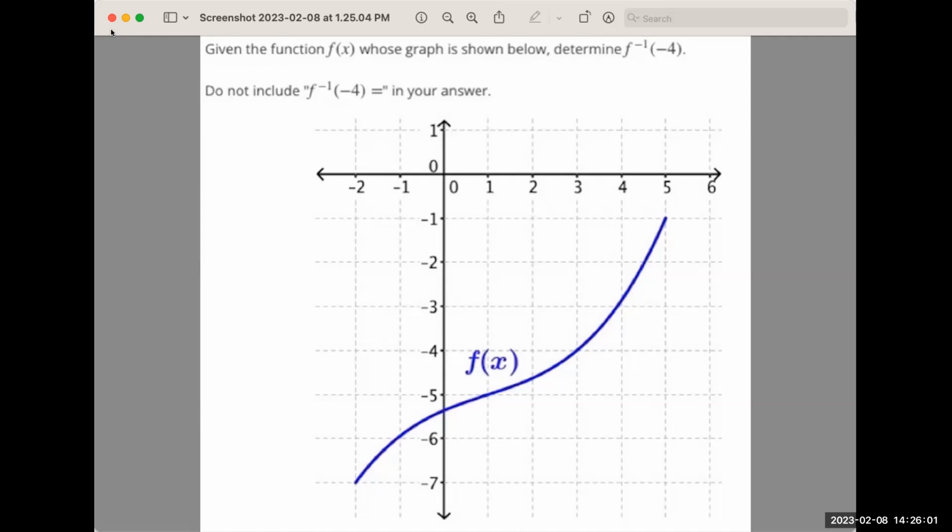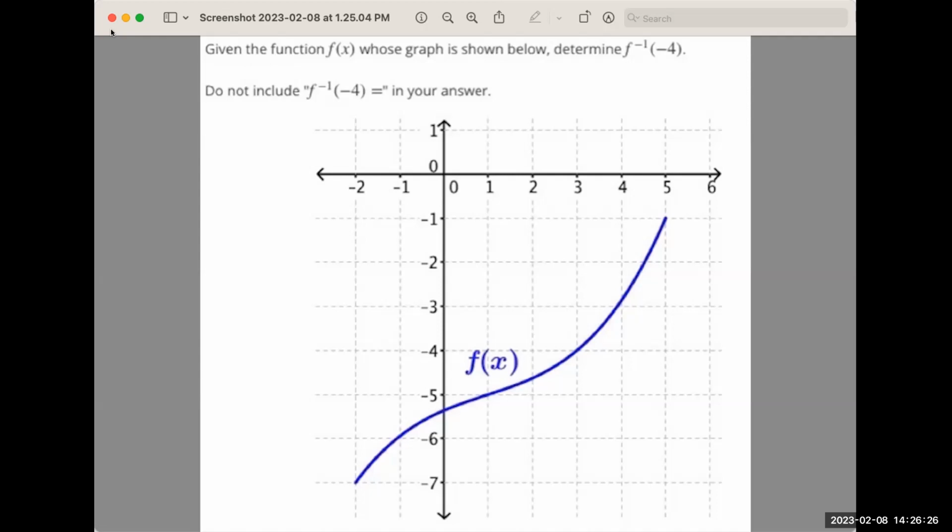Y. Let me write it right here. So we're being asked to find this, right? But if we swap it for f, -4 needs to be the output, so I need to see what this question mark is, the thing I'm inputting.